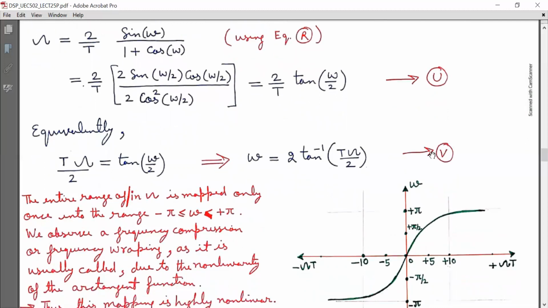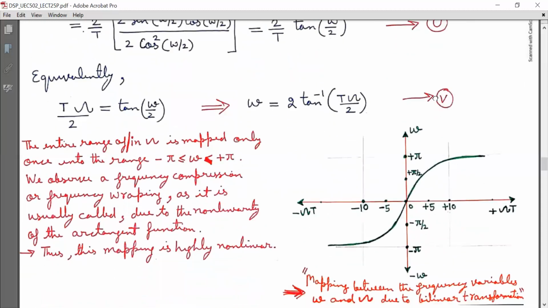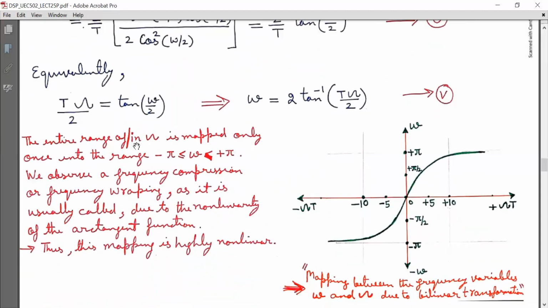Mark it as equation B. Now the entire range of capital omega, that is angular frequency in continuous domain, is mapped only once into the range minus pi to pi. That is small omega lying between minus pi to pi.